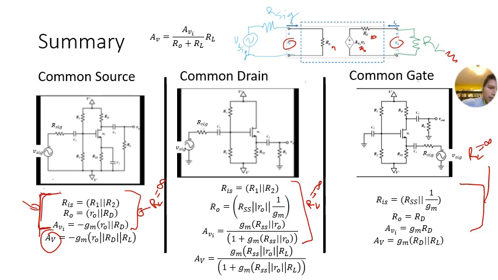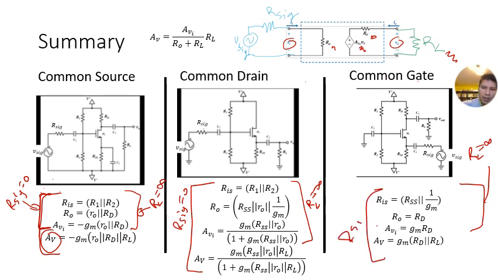And then for the 4 of them, you're going to assume that R sig equals 0.